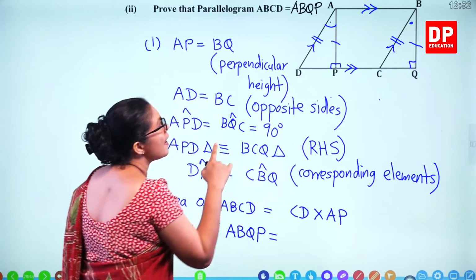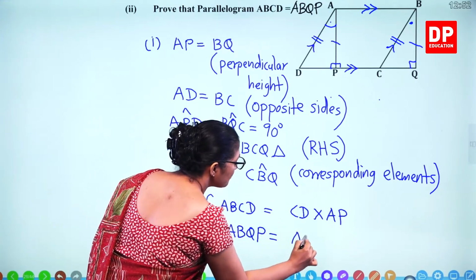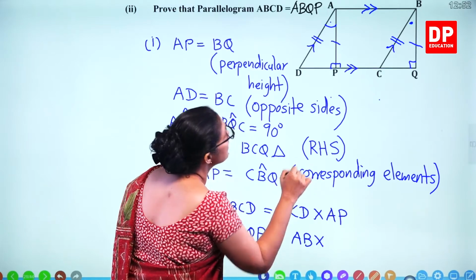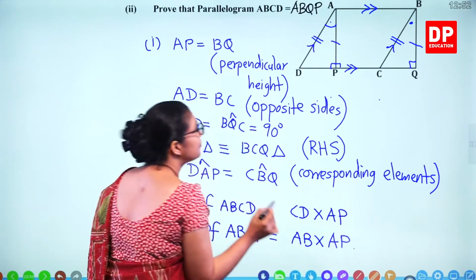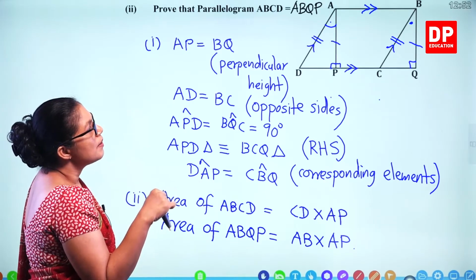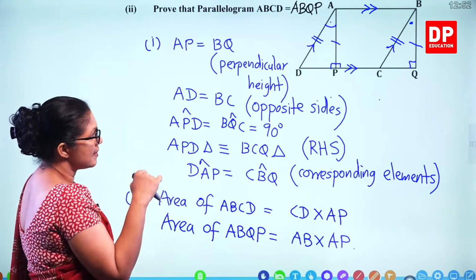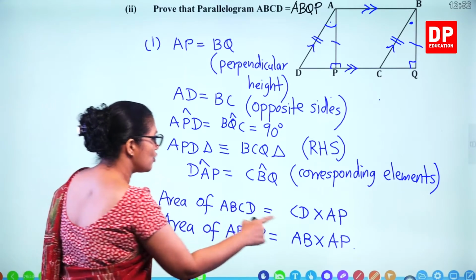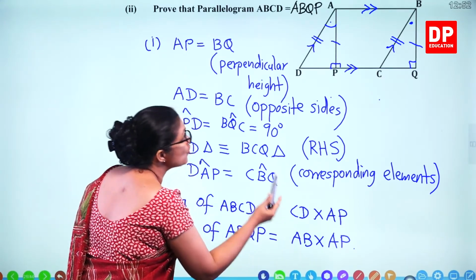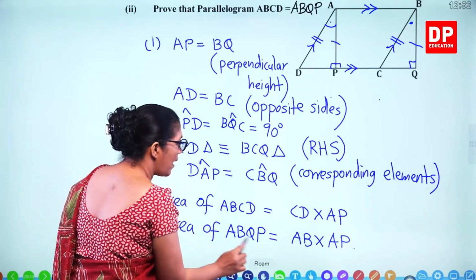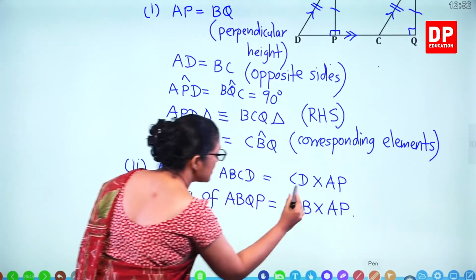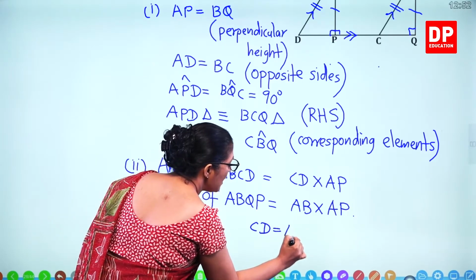Base length, you can write AB, into perpendicular height. So that's the same as AP. AP and BQ both are equal. That's the perpendicular height, length into breadth. Now what can you say about CD and AB? Opposite sides are equal in a parallelogram, so you can say CD equals AB.